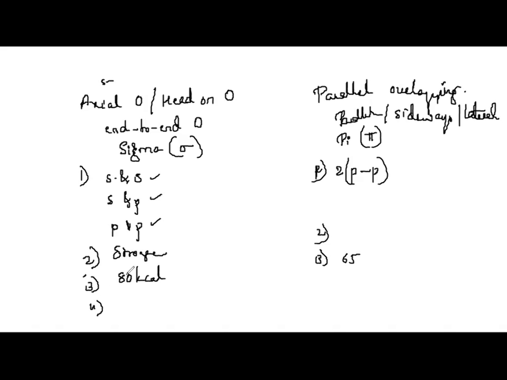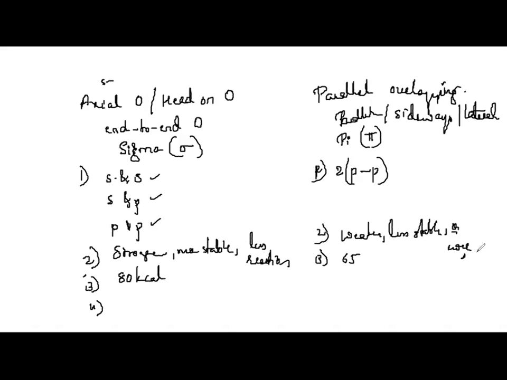So these are more stable. Since it is a stronger bond, it is more stable, or I can call it less reactive. Correct? Here, since they are weaker bonds, they are less stable or more reactive.